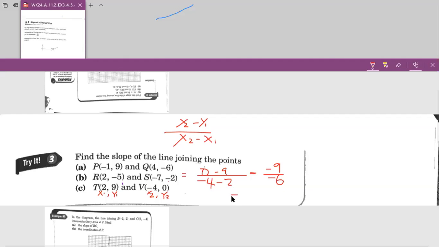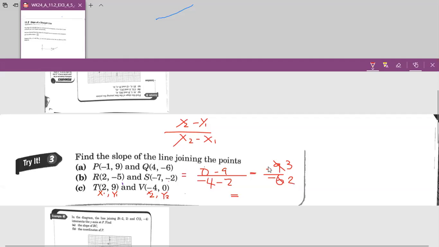So how do we simplify this? Dylan, can you tell us how we're going to simplify this? Divide it by 3. Excellent. So we're going to divide everything by 3, right? So this will be 3 over 3, 9 divided by 3 on the top, 3, 2, 6.